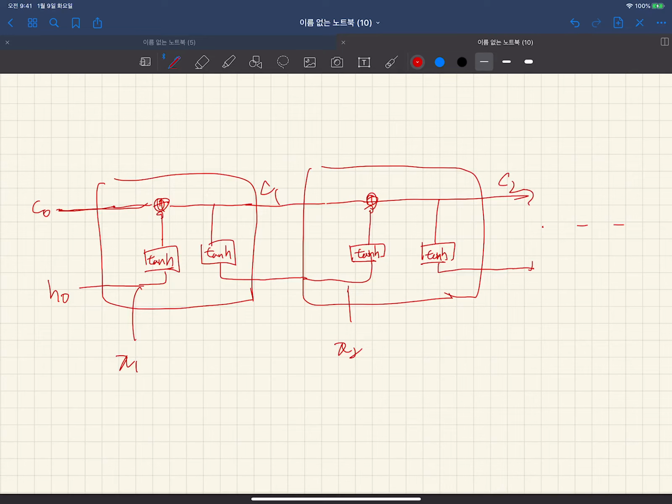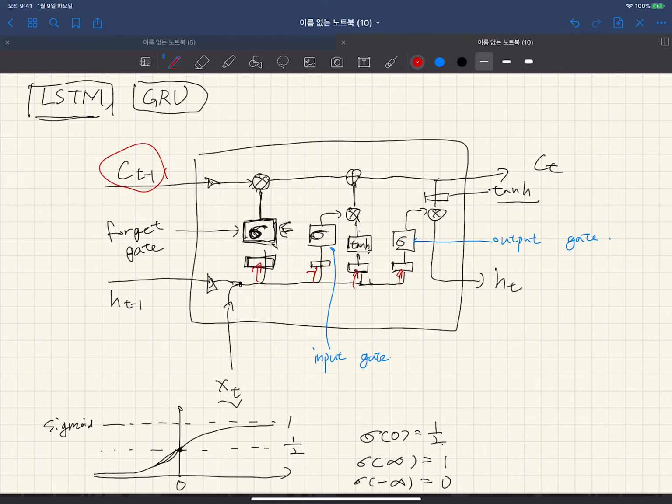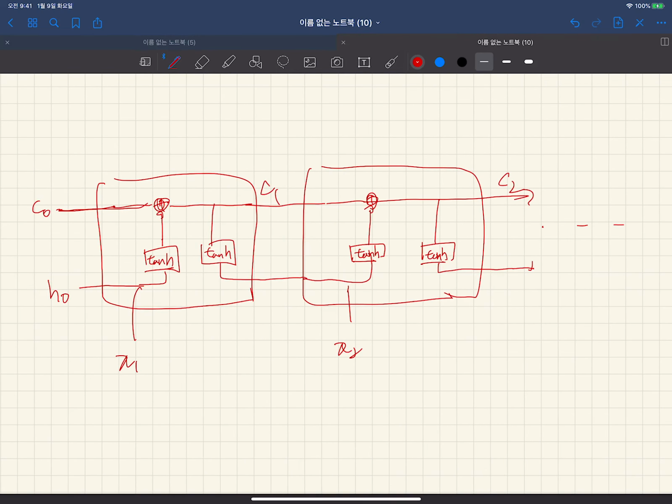But of course, due to its very simple architecture and very simple idea, this cannot solve the long-term relationship very well. Of course, this is much better than the vanilla RNN architecture, but people are still not satisfied with the result.